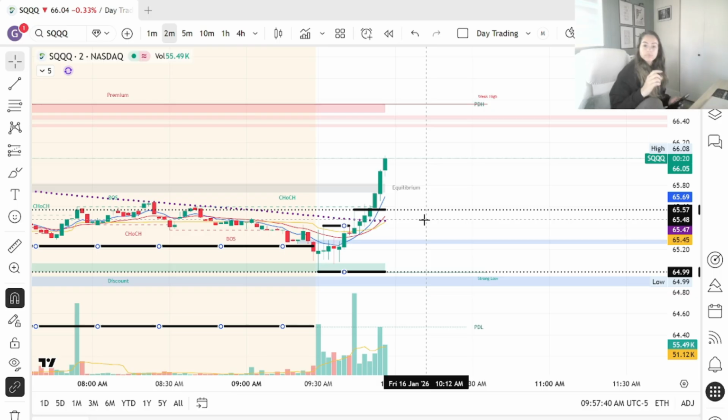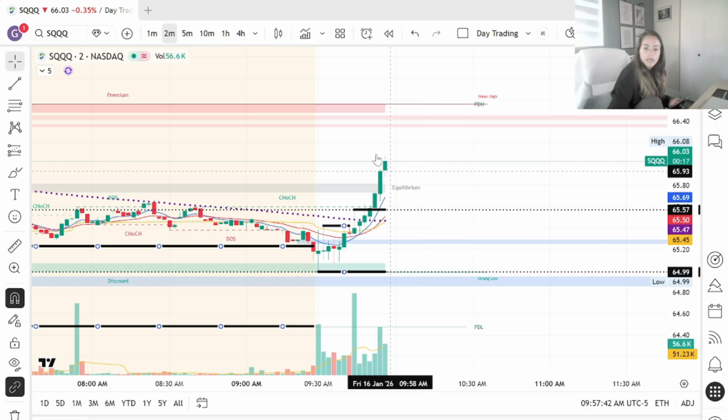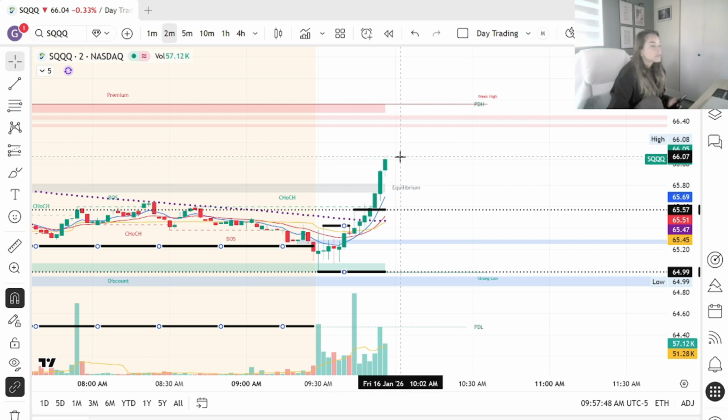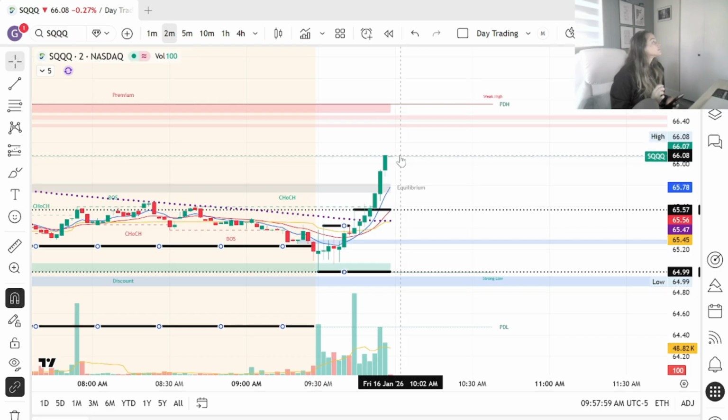All right. It's still looking strong. Candles are still looking strong. $66.08. $66.09.